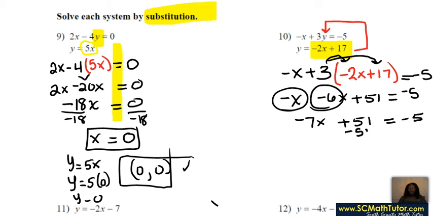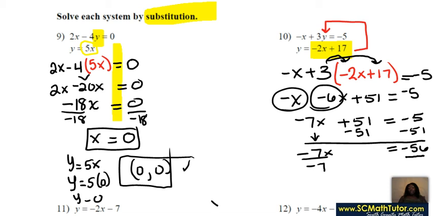Subtract 51 on both sides. Minus 51, minus 51. So negative 7x, we bring it down, equals negative 56. And then you want to divide both sides by negative 7. So your variable x is equal to positive 8.